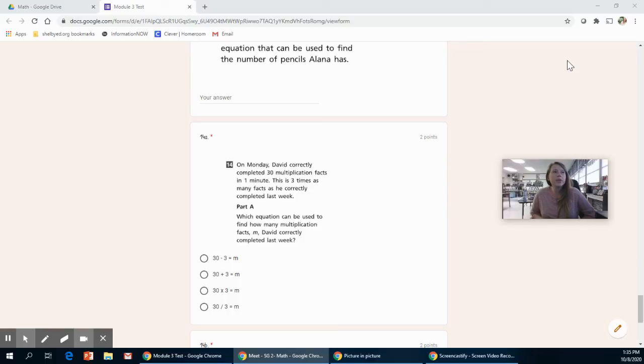All right, so he completed 30 multiplication facts in 1 minute. That is 3 times as many as last week. So which one of those equations is the correct equation to solve? He completed 30, which is 3 times as many as last week. So that means there's less.